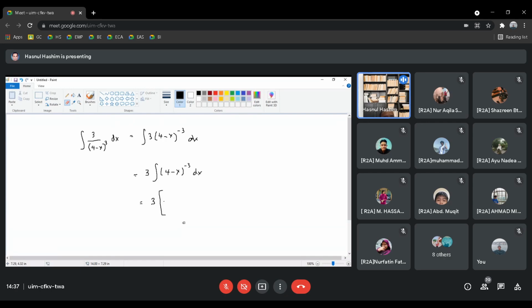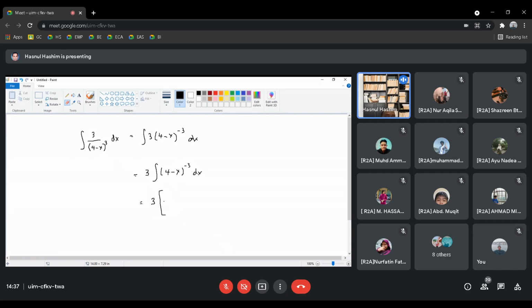So we look at the function here, how to differentiate here. If you don't know the formula, you just do it like this.